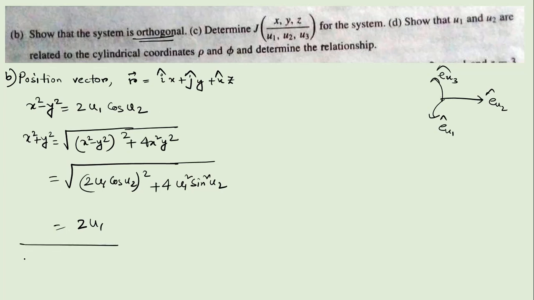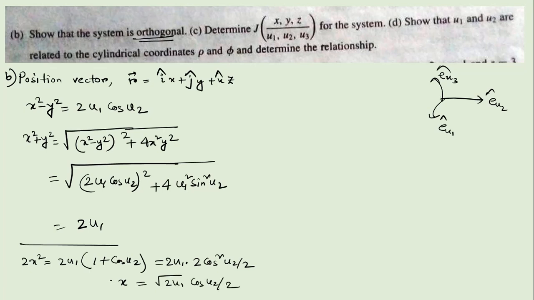So if you add these two, you will get 2 x square equals 2 u1 as a common, 1 plus cos u2, which is nothing but 2 u1 times 2 cos square u2 by 2. So x is nothing but, these two cancel out, root under 2 u1 cos u2 by 2. This is the value of x, right?